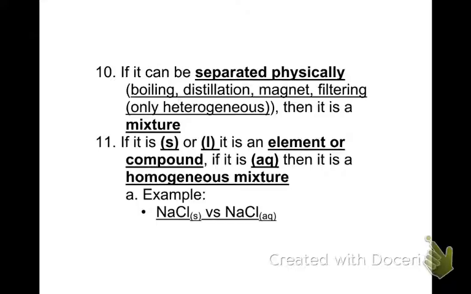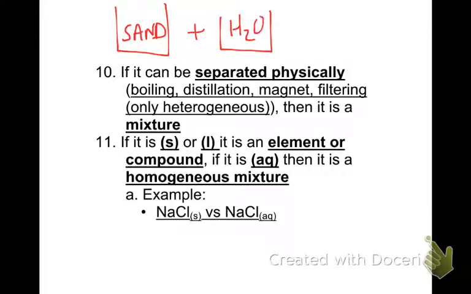So what I'm talking about is if you've got a beaker of sand and you've got a beaker of water, we add them together and you would get sand here and water up there. Well, they're physically combined, so we can physically separate them. Then you're dealing with a mixture.